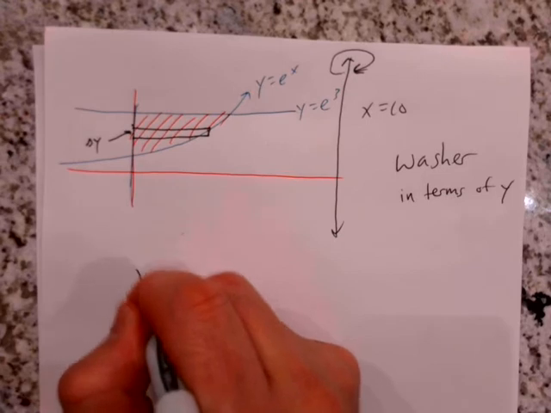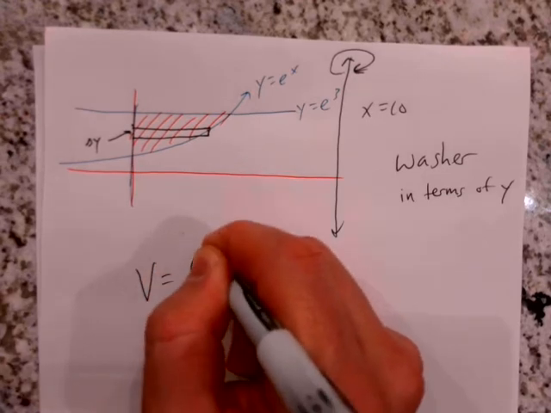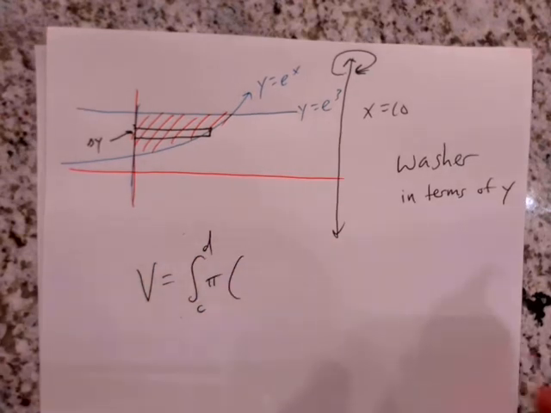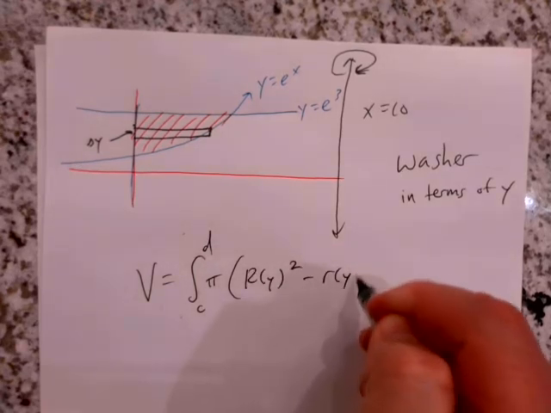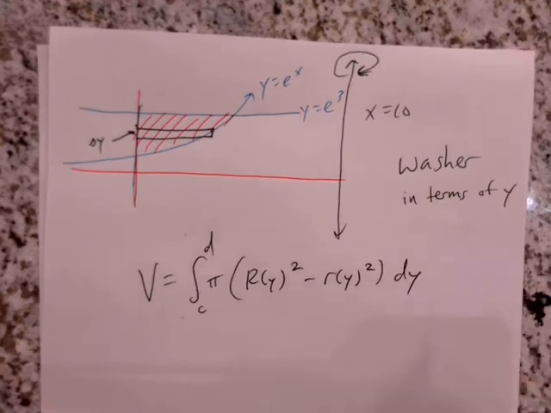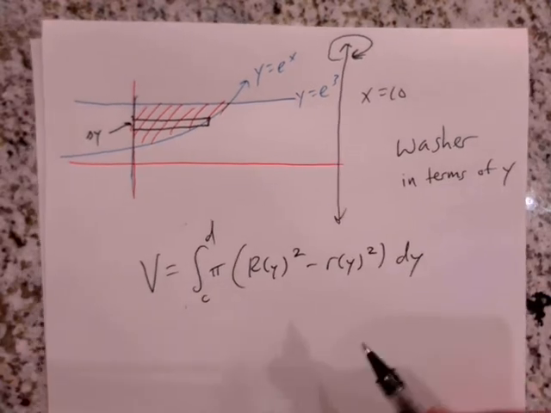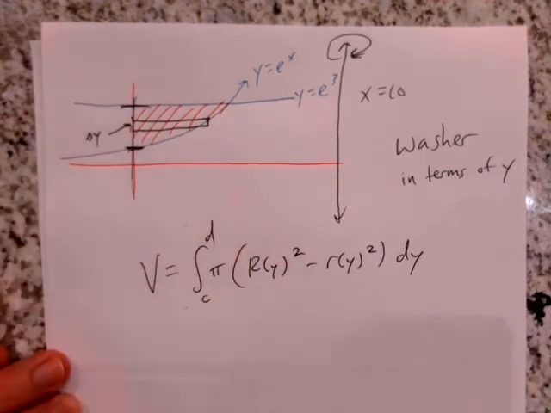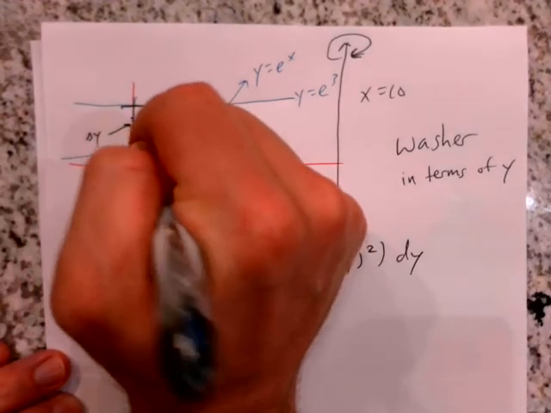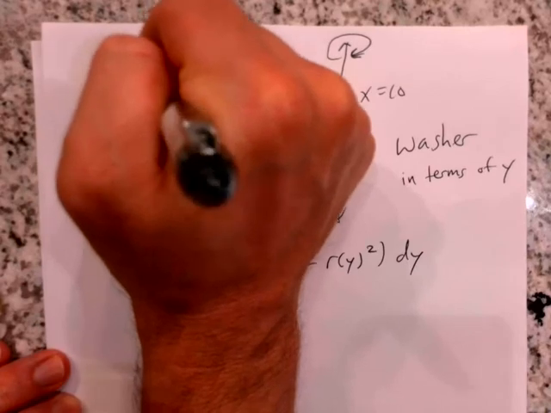So our volume is going to be the integral from c to d of pi big R of y squared minus small r of y squared dy. The bounds are where your region starts and finishes. So it starts at y equals 1, it finishes at y equals e cubed.